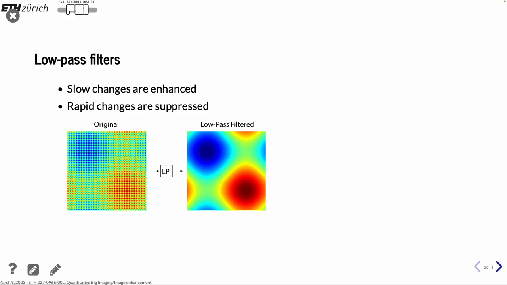The effect is that all the rapid changes are removed, while the slow changes are still there. So with a low-pass filter, you can take out the noise. Here's a schematic example where you have rapid changes and some slow changes, and after the low-pass filter, you should ideally get something like this.